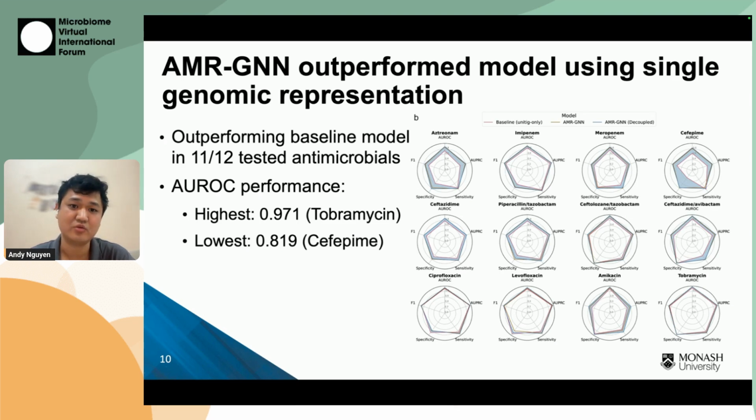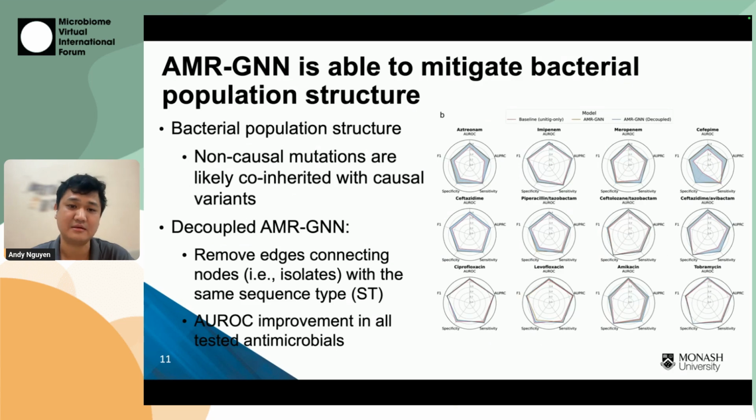And further than that, we are also showing that the AMR-GNN model is able to mitigate bacterial population structure, which is a very common issue when you are developing machine learning models to predict AMR.